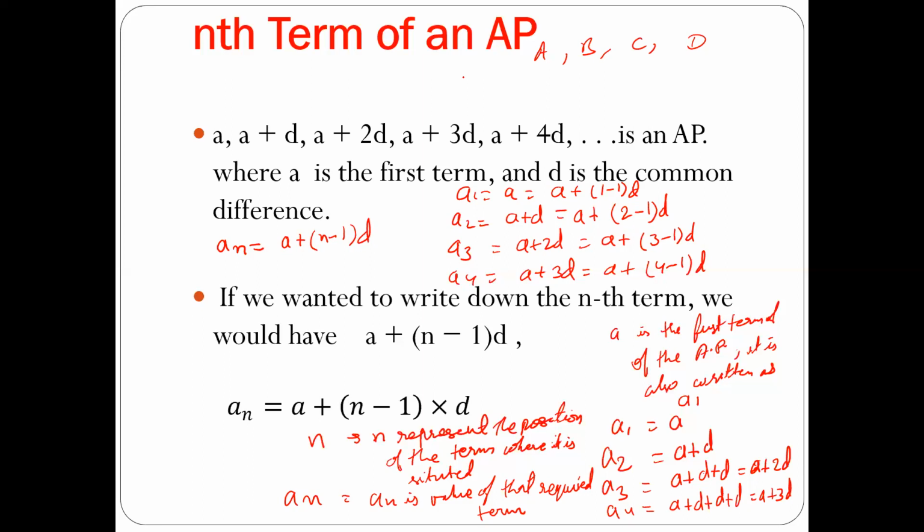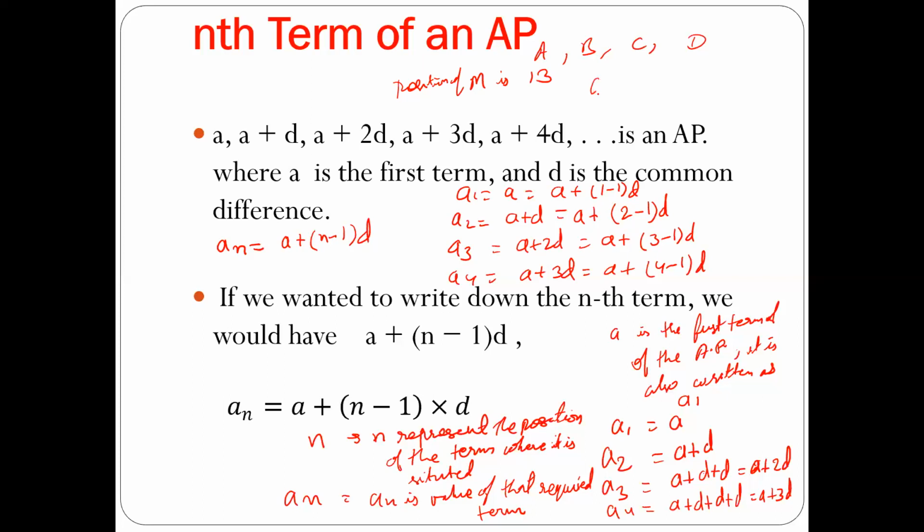For one position, first position A, second position B, third position is C, fourth position is D. So what is the position of M? The position of M is 13.